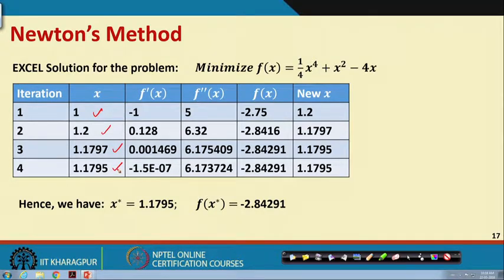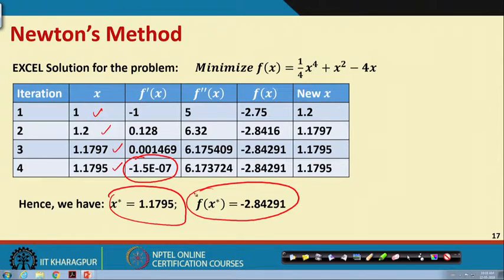So, at that level, look at the f dash x value, it is almost 0. So, that is how we find our optimal solution, that is x star equal to 1.1797 and f x star equal to minus 2.84291. So, this is a kind of method through which we can find out the extreme value by a method of iteration.